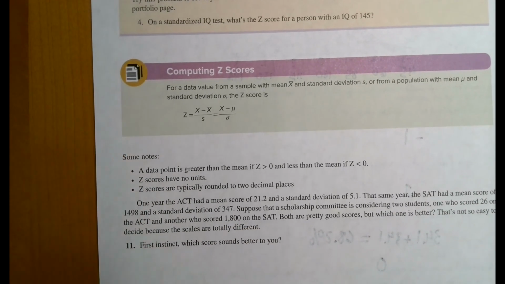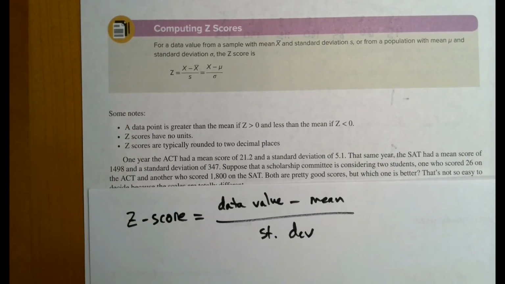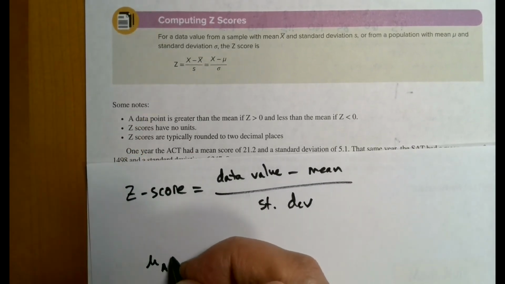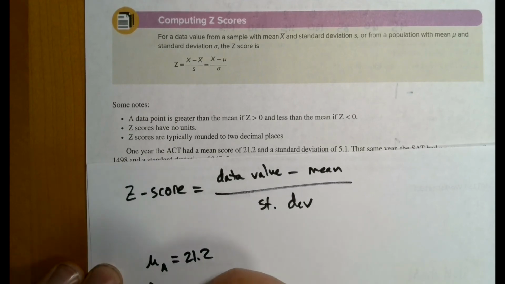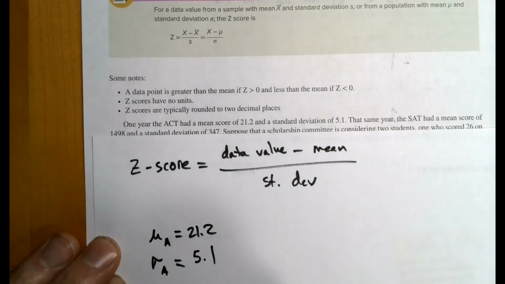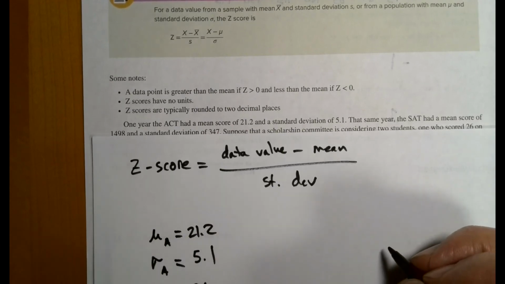Well, here's what we're going to do. We're going to identify the different things that we have. So I'm going to write mu, with a subscript A for ACT, and that's equal to 21.2. And sigma A for ACT, and that's 5.1. And the data value we're going to work with is that student that scored a 26 on the ACT.